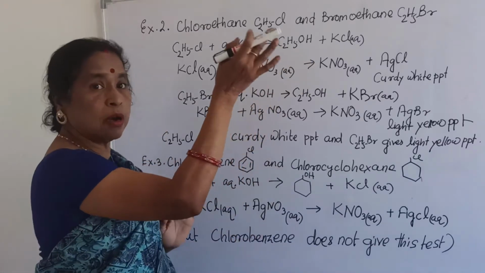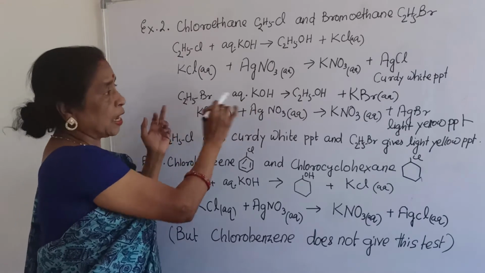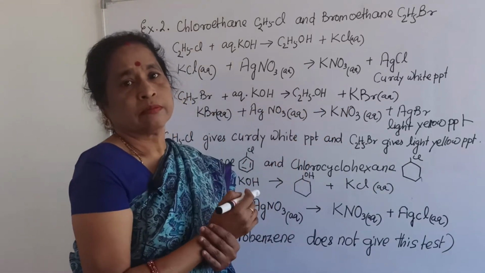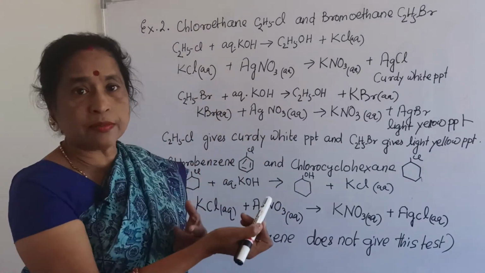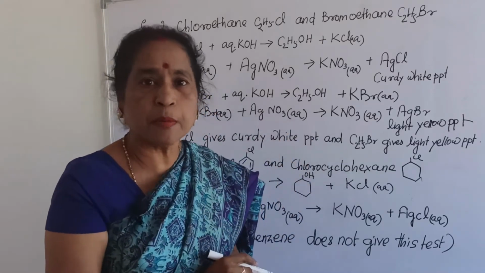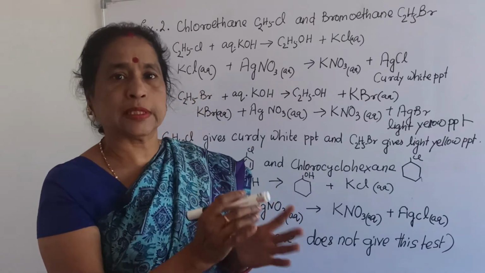But bromoethane, when reacted with aqueous KOH, gives ethyl alcohol and potassium bromide. When this potassium bromide reacts with silver nitrate, it gives potassium nitrate and silver bromide, which is a light yellow precipitate.